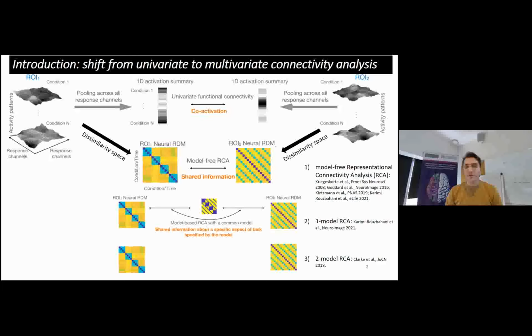You evaluate the correlation between the neural RDMs and the model RDM that you have a hypothesis for, and then evaluate how that correlation matches the correlation between another ROI and the same model, and infer connectivity if these two ROIs match the same model. Therefore you can get information about how they share information about what you are looking for.